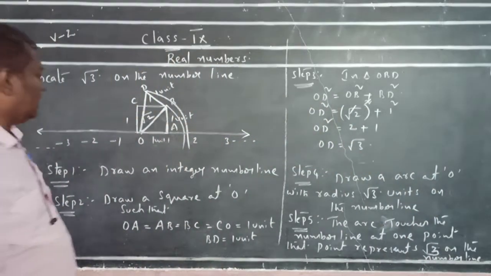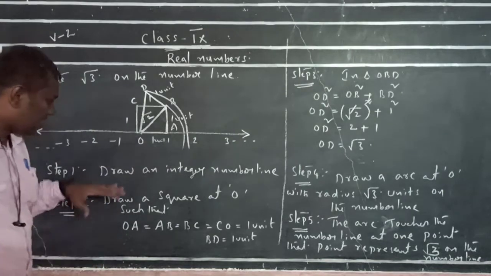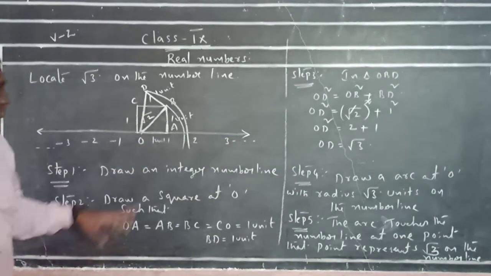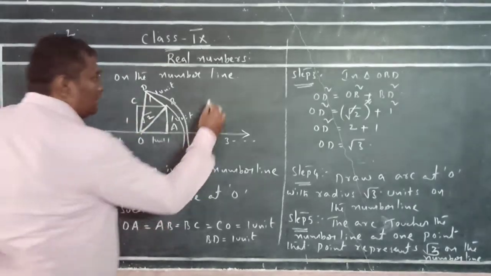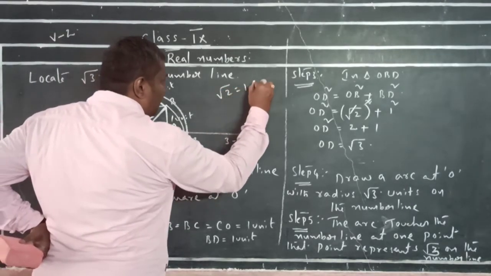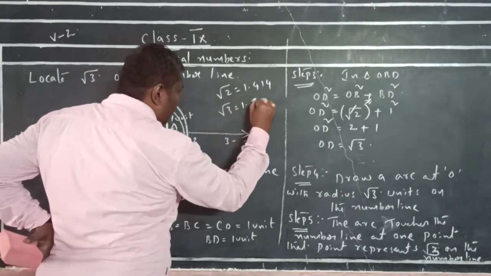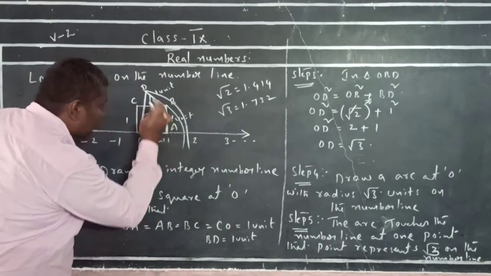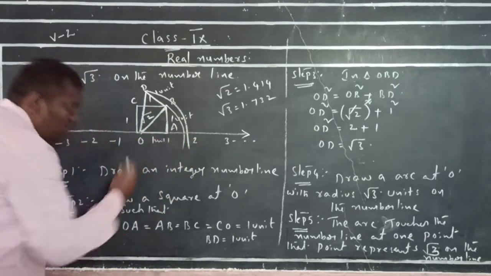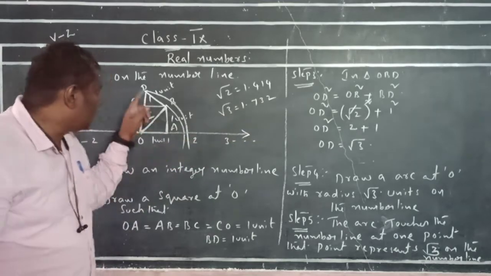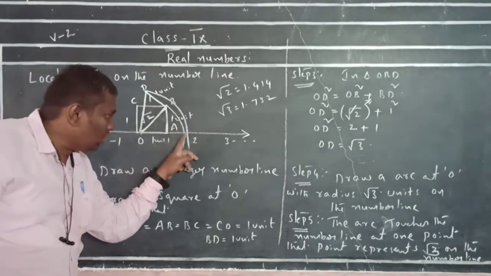Here, same as before, draw an integer number line and take the square also of 1 unit. Here the value of root 2 is 1.414, but the value of root 3 is 1.732. Let's say that arc meets before 2, below 2.